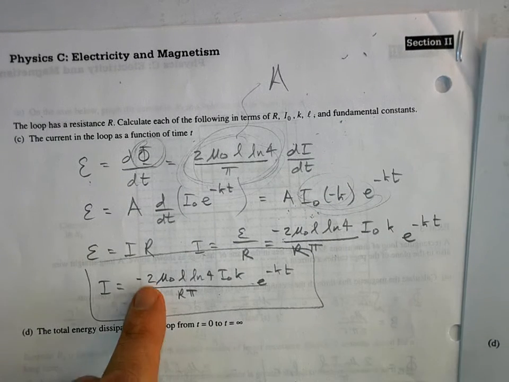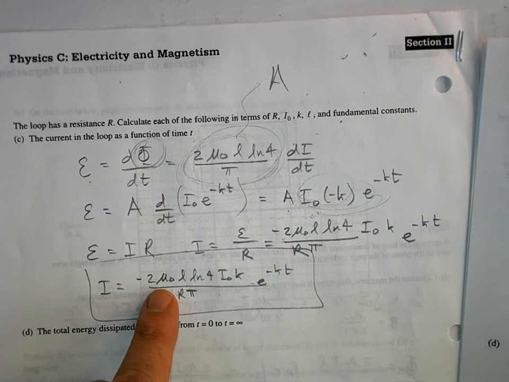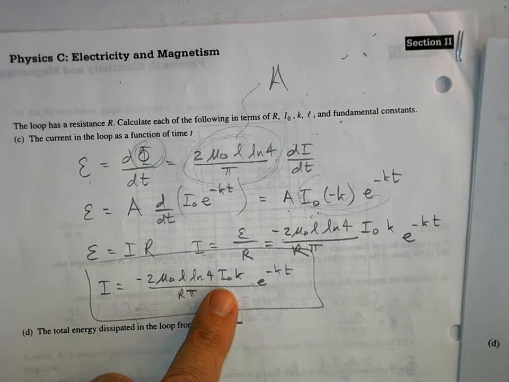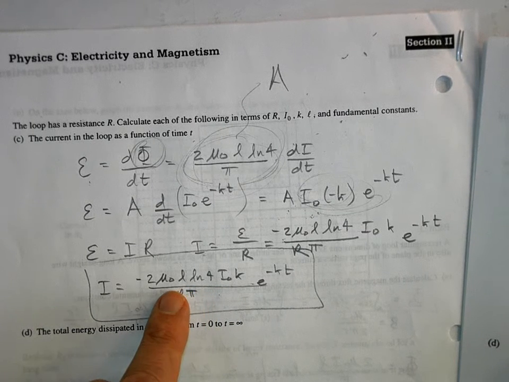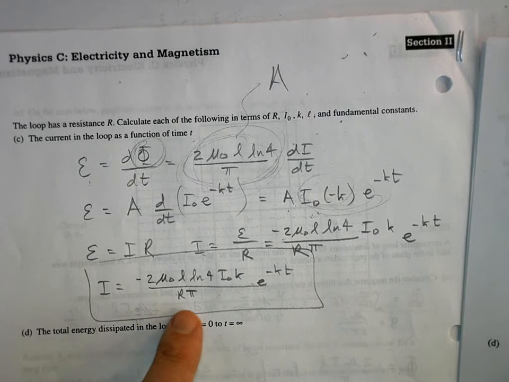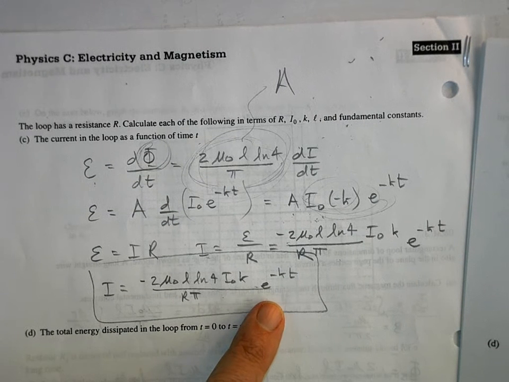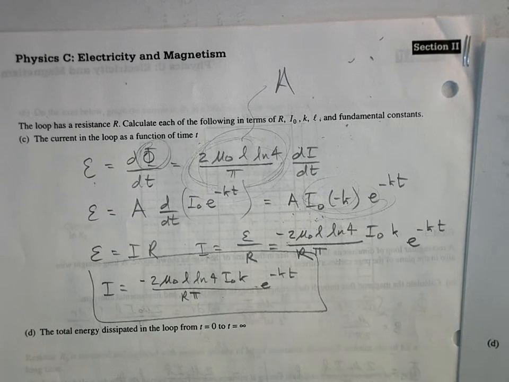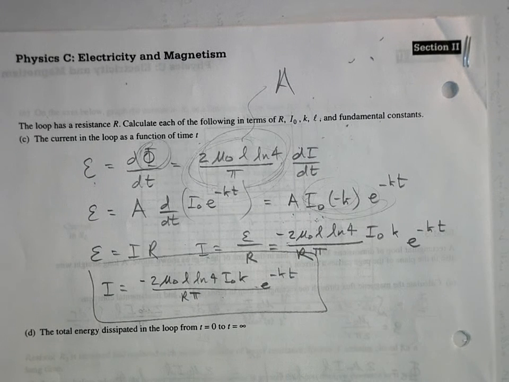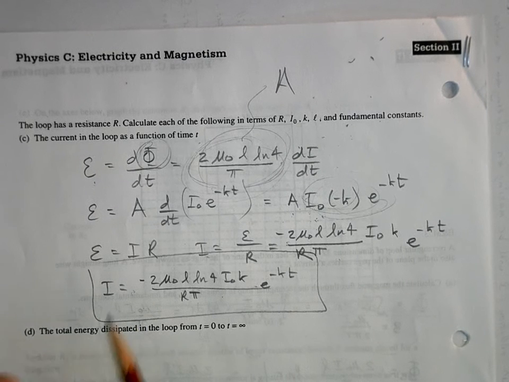Let's see, 2 mu naught I naught L k pi over R e to the natural log of 4, yeah, I got it all. Now I have a negative sign that I carried in there, but the negative just indicates that it's going to be in a direction that will create magnetic flux to oppose the rate of change. So we don't really need to keep that negative.